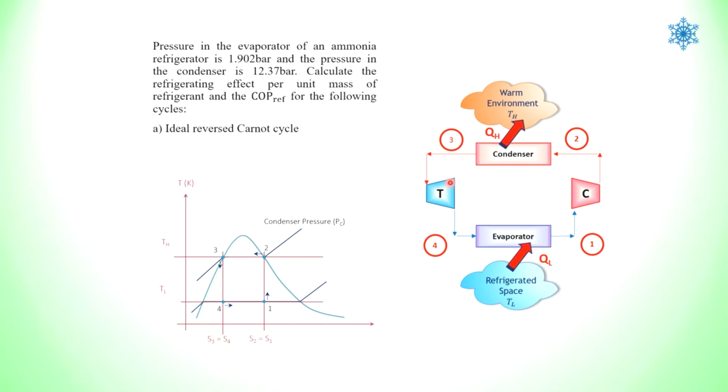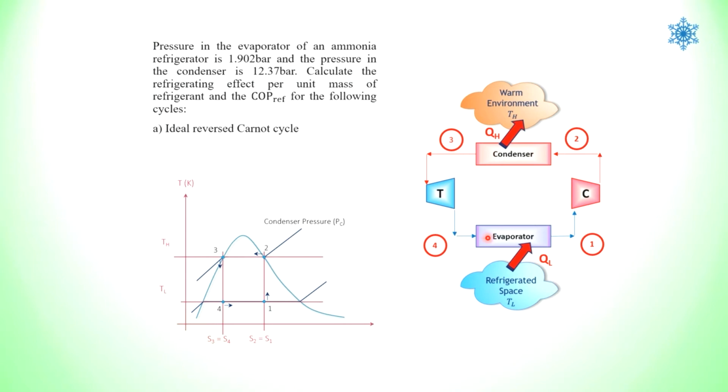Then it goes into the turbine where it undergoes isentropic expansion. The pressure and temperature of the refrigerant will be lowered to TL, and the pressure will be lowered from the condenser pressure to the evaporator pressure, as in state point 4.